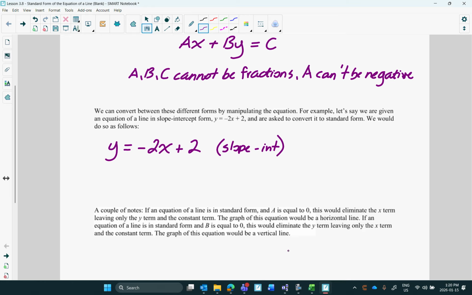All it is is algebra. Don't I have to move this over here by adding 2x, and adding 2x? And then I also have to move this over here by subtracting 2.